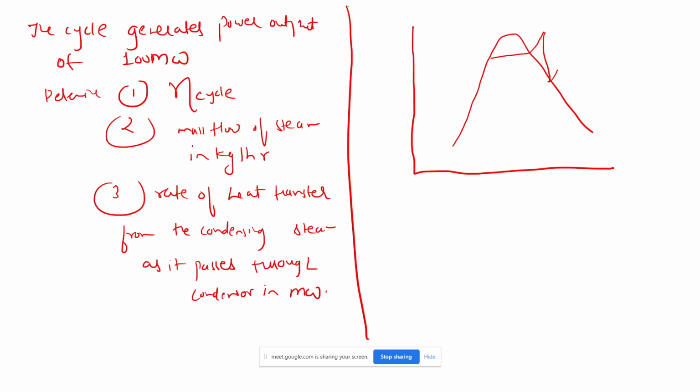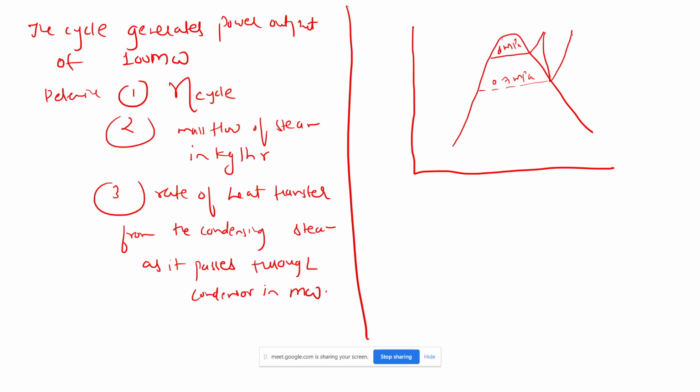After that, what is mentioned in the question? Then it is reheated at constant pressure. The intermediate pressure is 0.7 megapascal and our temperature is 8 megapascal.